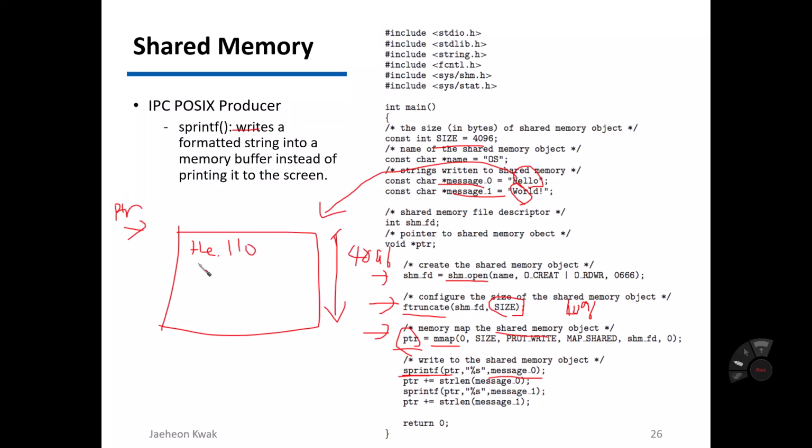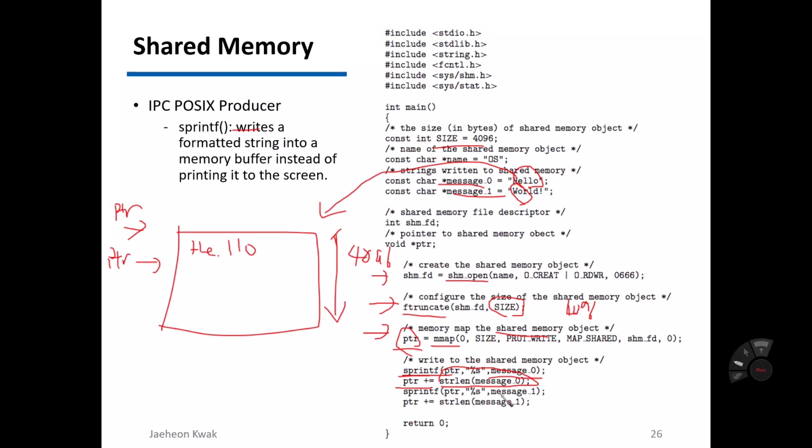After writing this message, the location of the PTR is not changed, so we have to manually change its location. We add as much as the message's length, so we have to move the PTR.